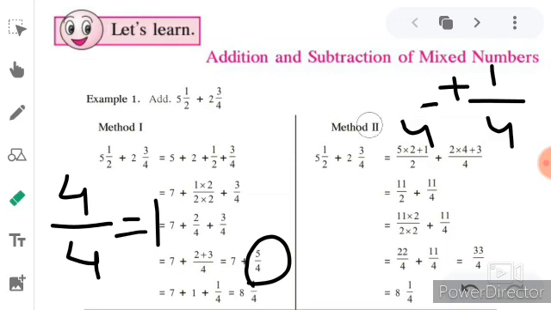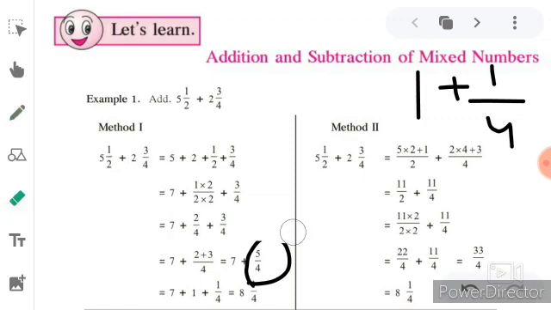This one we can write as whole 1 plus 1 upon 4, and then we add it here, so 7 becomes 8: 7 plus 1, and 1 upon 4, like this. I hope you will understand better.